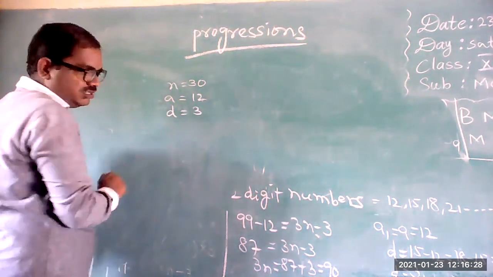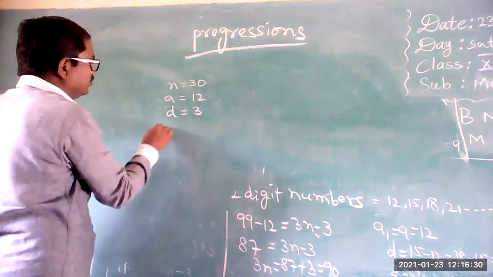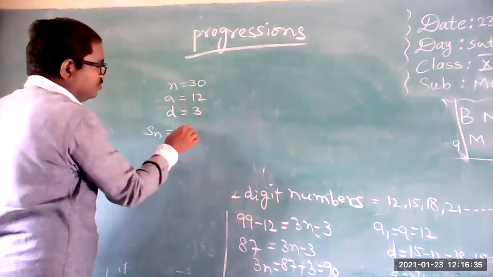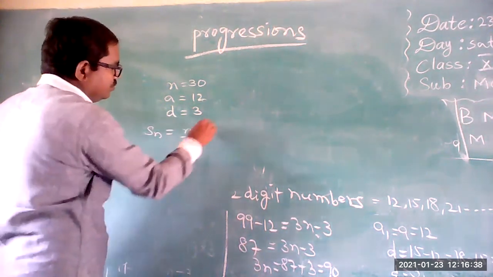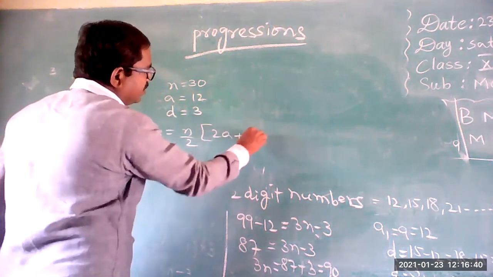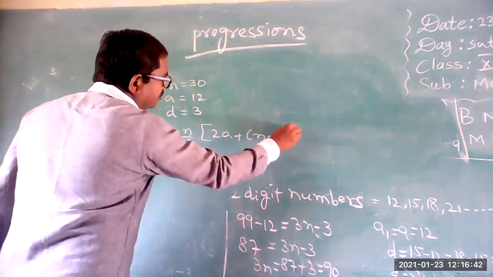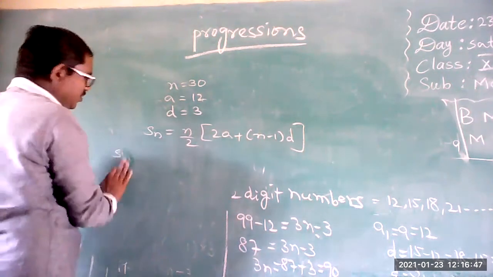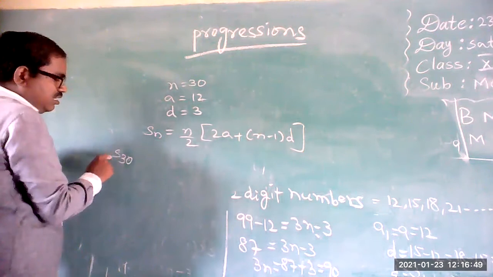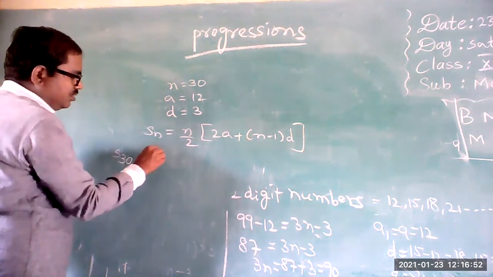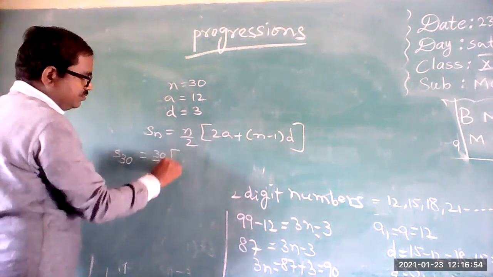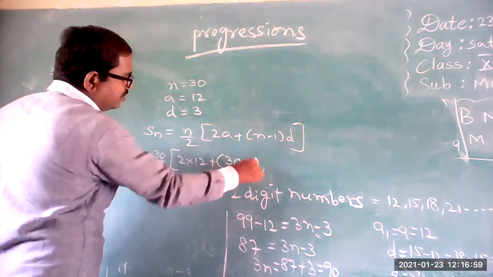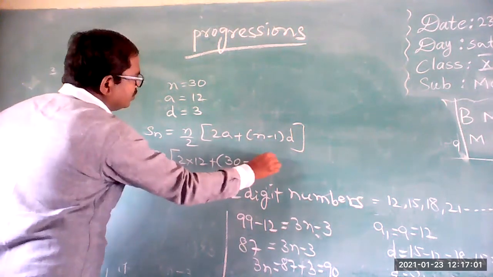So find the sum of the n terms. Sn is equal to n by 2 into 2a plus n minus 1 into d. So S30, the sum of the 30 terms, is 30 by 2 into 2 into 12 plus 30 minus 1 into 3.